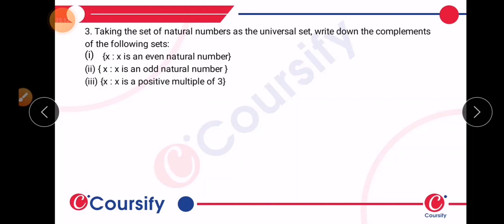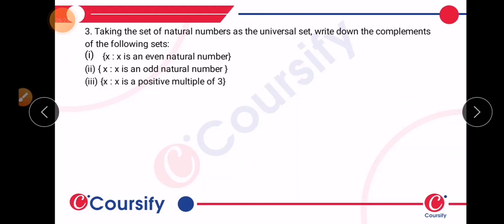All those numbers which are a multiple of 3 would be considered as the given set. Now the complement of that given set will be those numbers which are not multiples of 3, which means any number which is not a multiple of 3 will be in the complement of the third set.